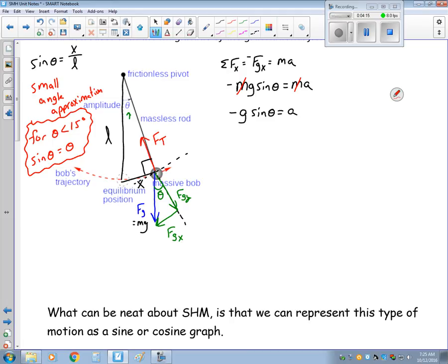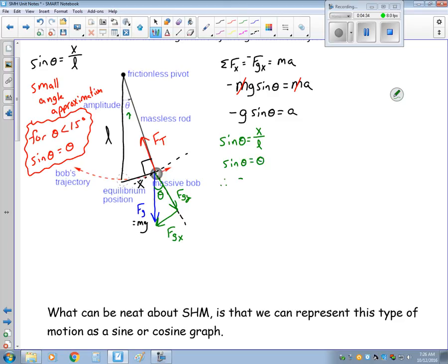So we know that sine of theta equals x over L. And we know that sine of theta equals theta.